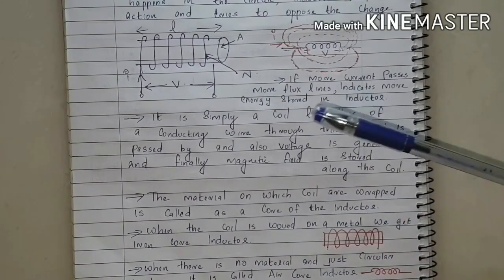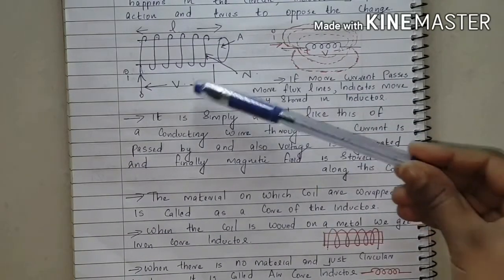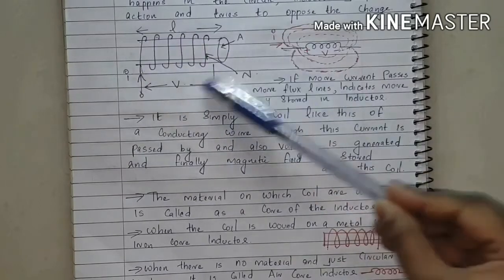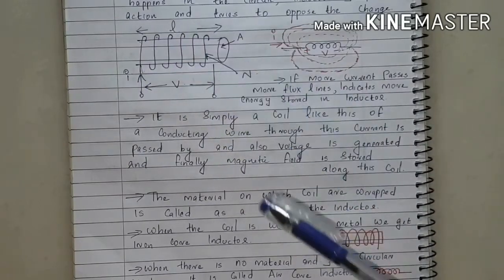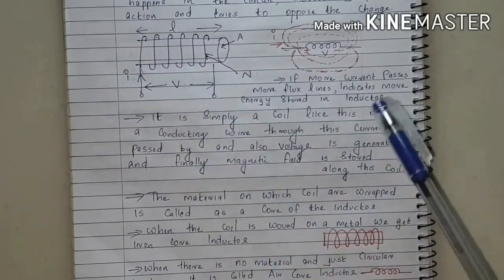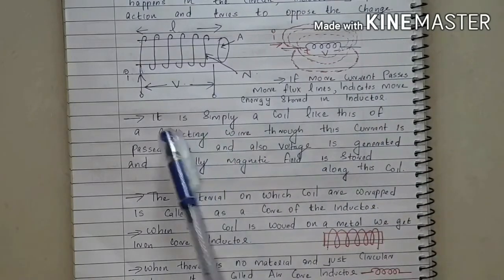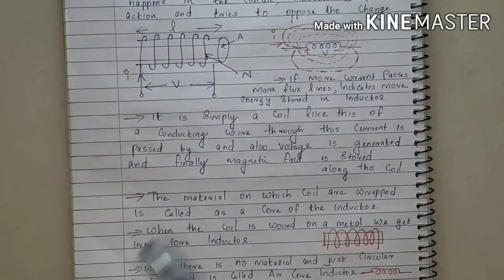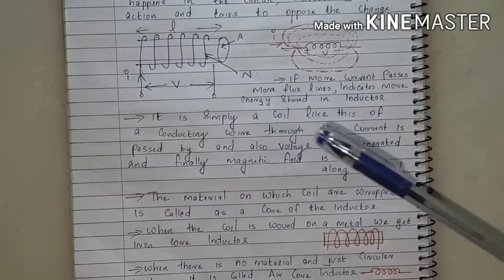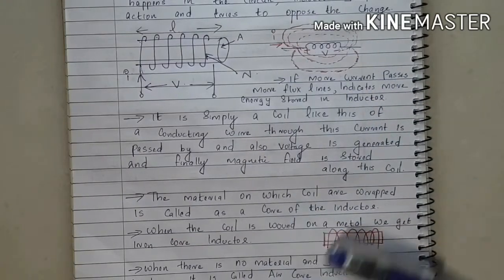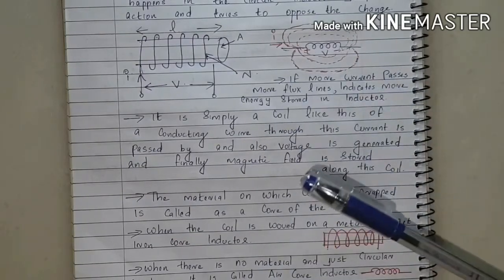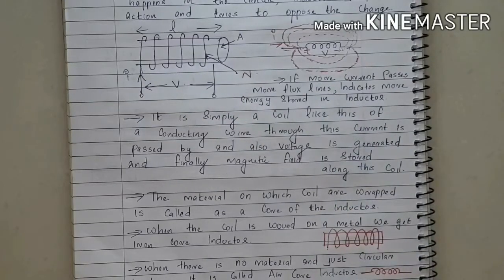It is simply a coil wrapped onto the core or tube, and through this current is passed. Also voltage gets generated and finally magnetic field gets stored along this coil.